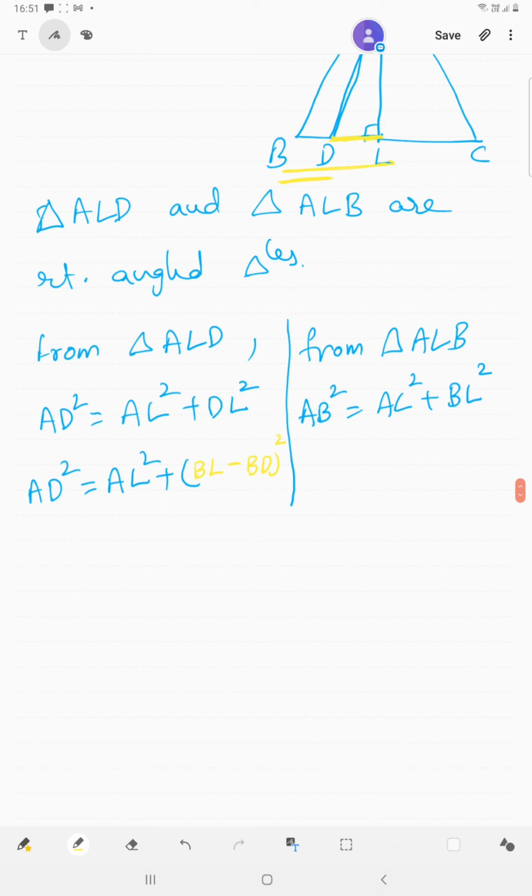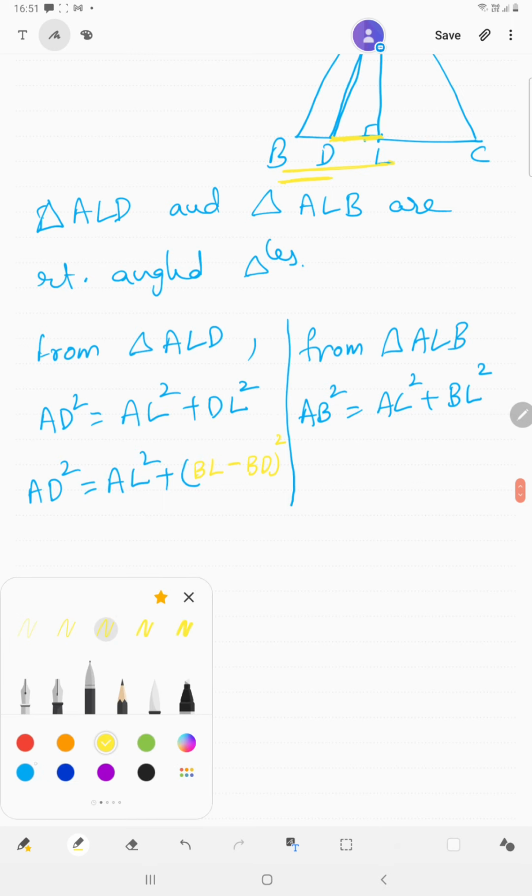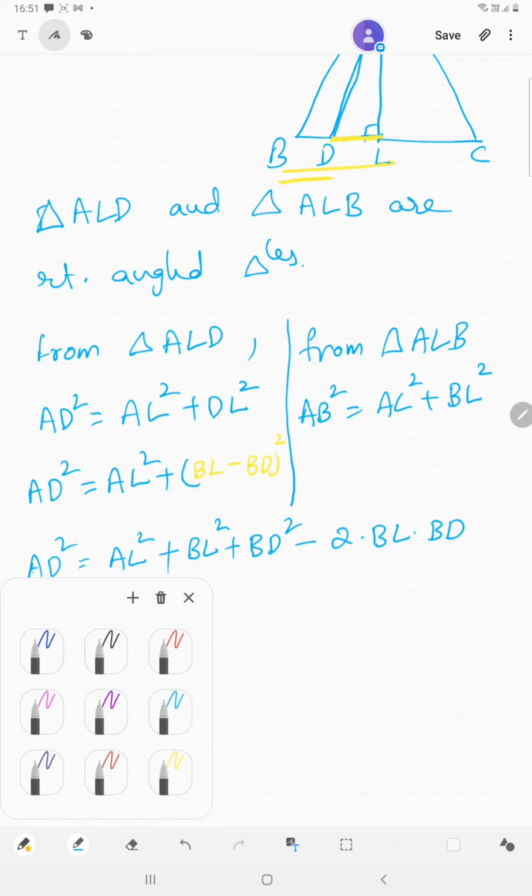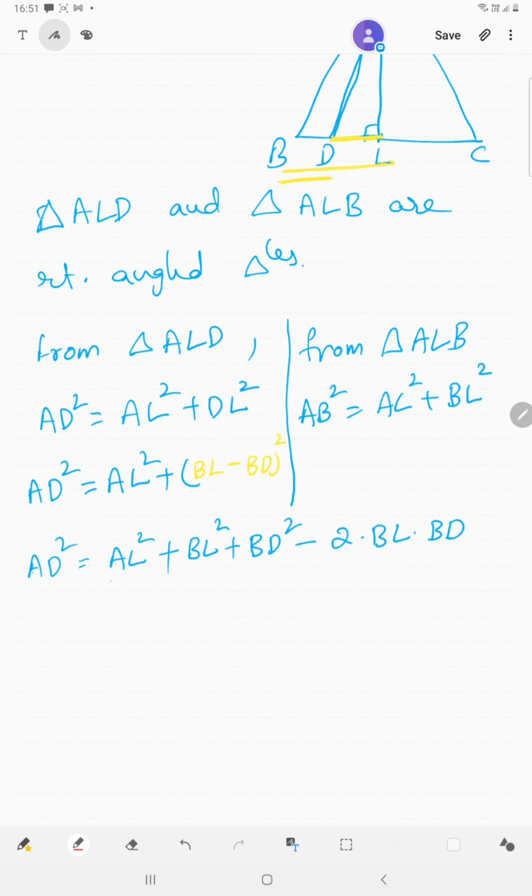Now observe how we are doing. AD square is equal to AL square plus, this is in the form of A minus B whole square. So A square plus B square minus 2AB. Now AL square plus BL square is equal to what?